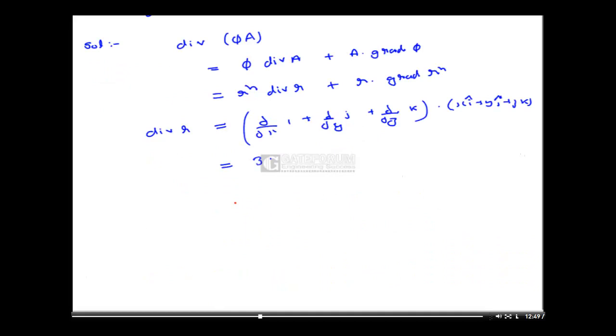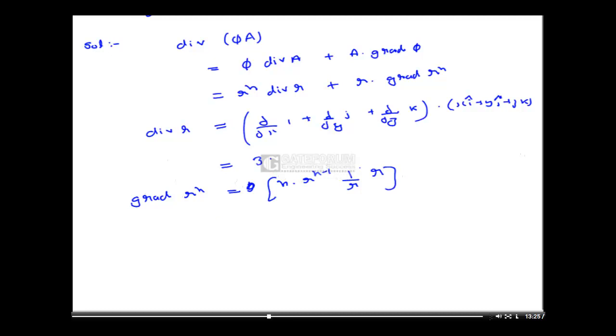Okay. Gradient of r to the power n is equal to n r to the power n minus 1 times 1 by r, r capital.